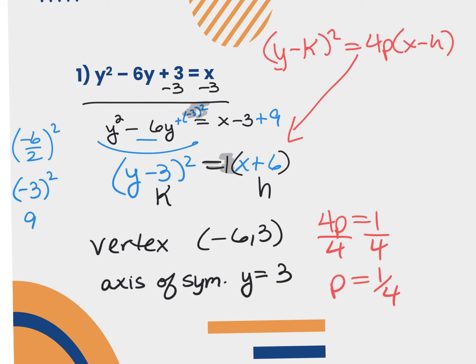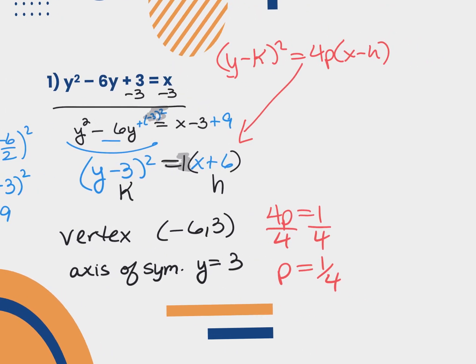Now, for the focus and the directrix, this is where we use the p-value. So for your focus, we're going to take that vertex and add p to the non-squared variable. My non-squared variable was x, so I'm taking negative 6, my vertex, and adding p to it, which was 1/4, comma 3.